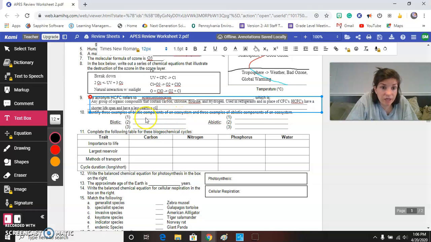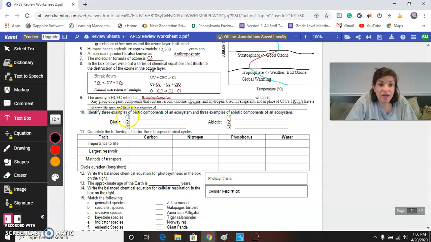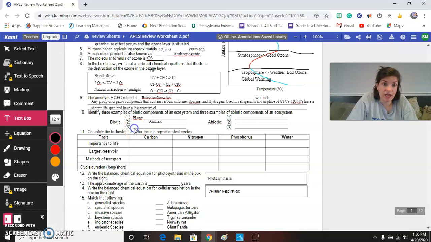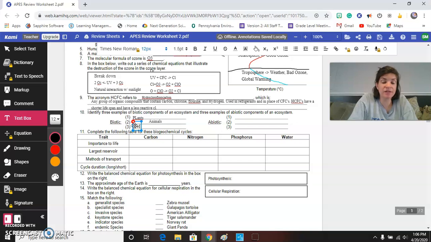There we go. Nice. All right, identify 3 examples of biotic compounds in an ecosystem and 3 examples of abiotic compounds. So biotic, remember that's living stuff: plants, animals, and let's not forget bacteria.